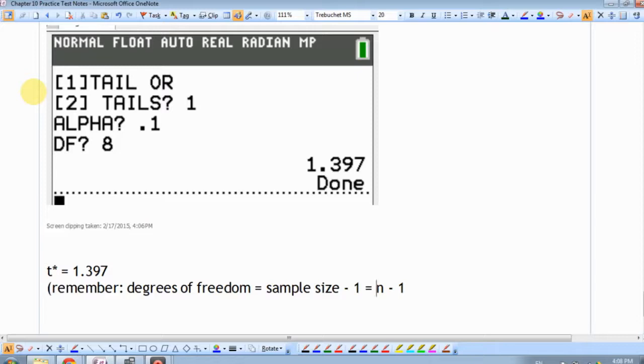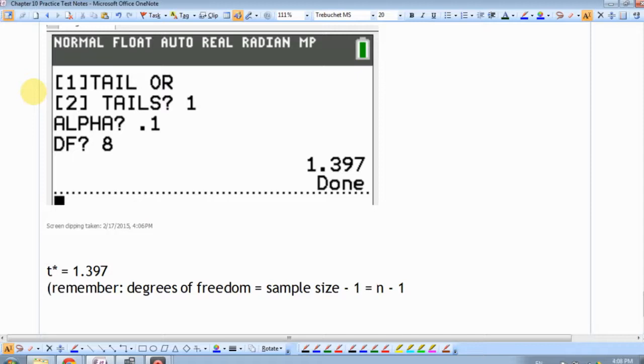What exactly is a T star? What makes this a T star is that this is the test statistic where we start rejecting null hypotheses.